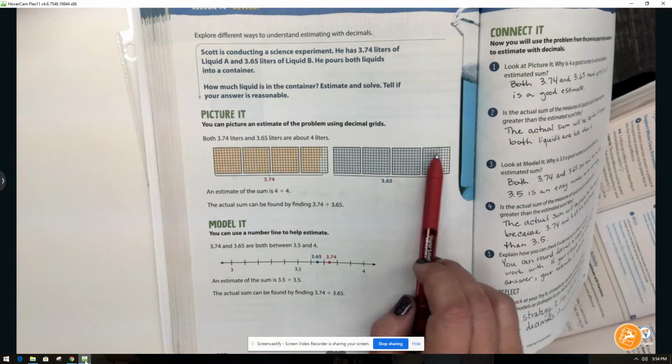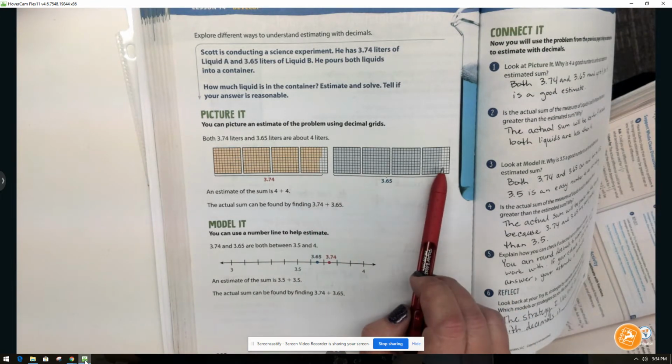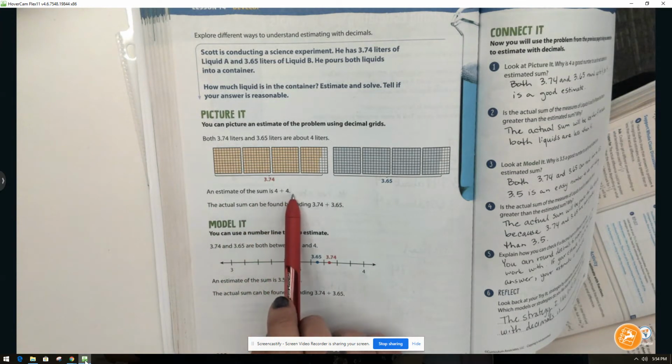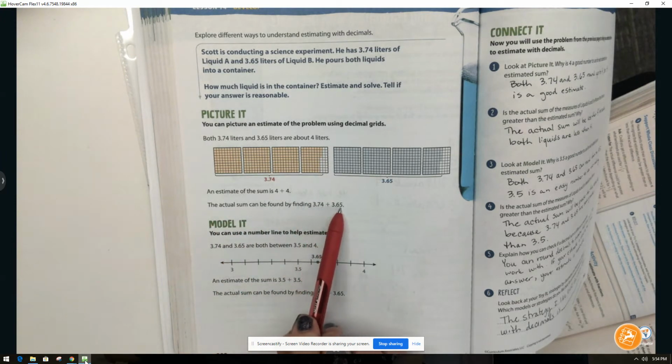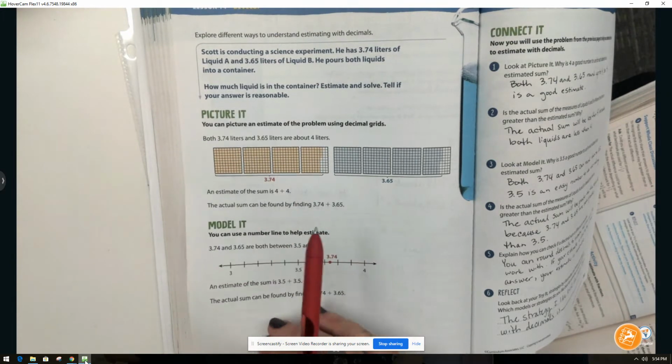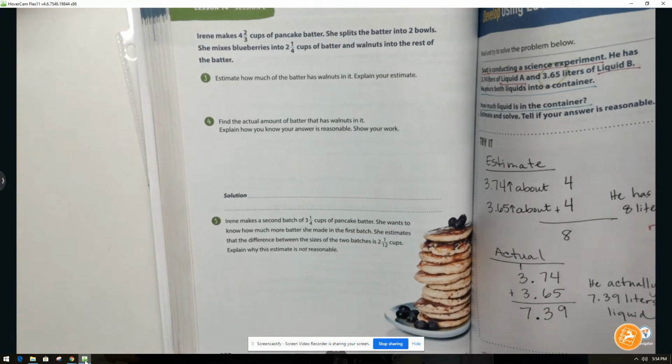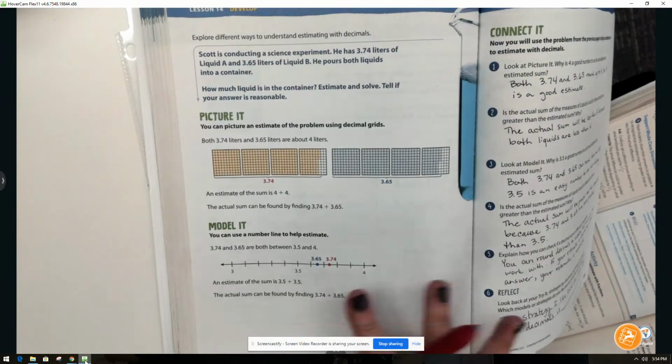Do you see that? These 2 are not all the way full, but they're very close to being full, so they're about 4. So an estimate of the sum is 4 plus 4, which we know is 8. The actual sum can be found by adding 3 and 74 hundredths plus 3 and 65 hundredths, which got us to that 7 and 39 hundredths on the last page.